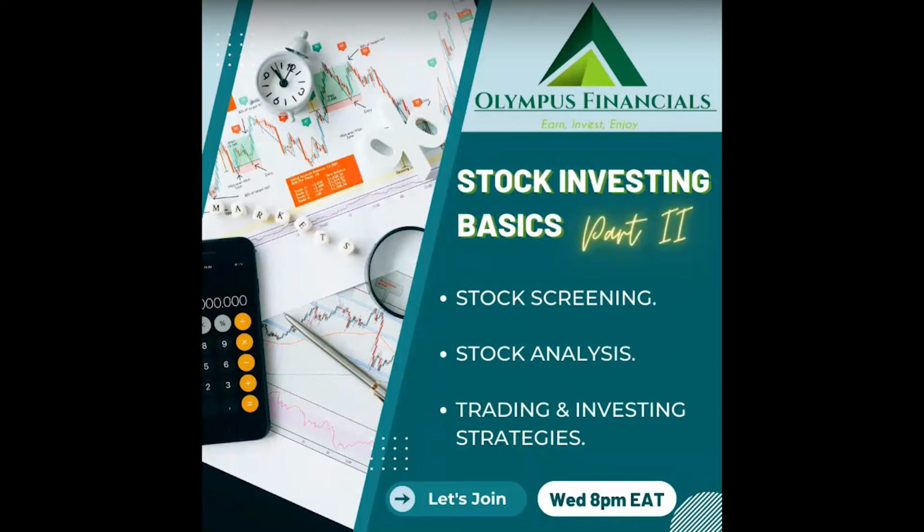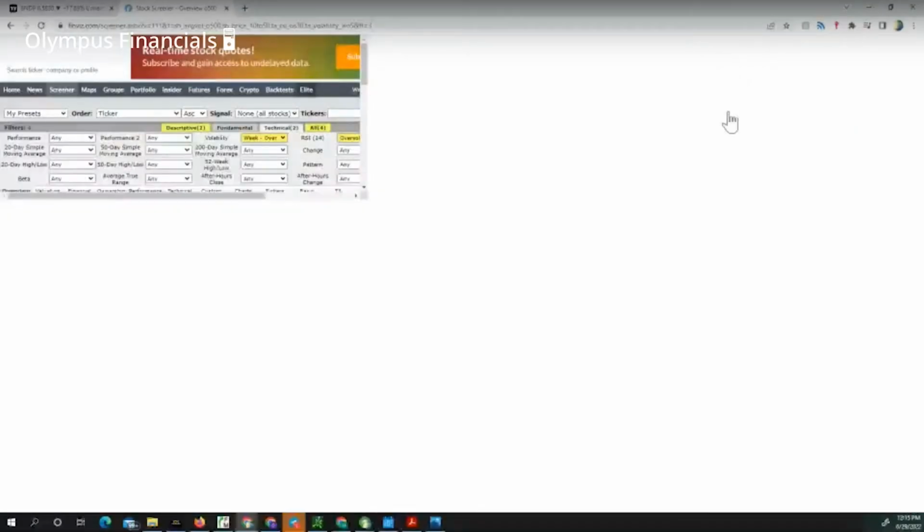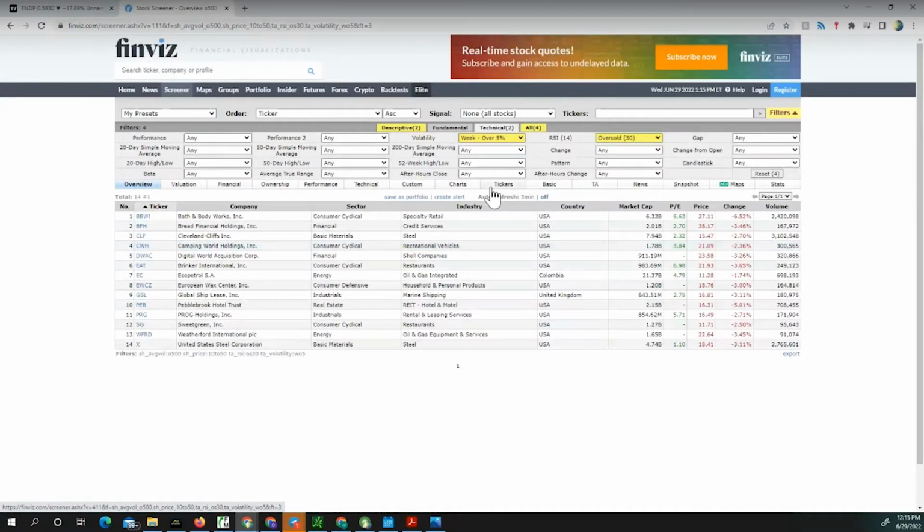RSI. RSI stands for Relative Strength Index, and it is an indicator we use in the stock market that shows you how far the stock is from being overbought or oversold.